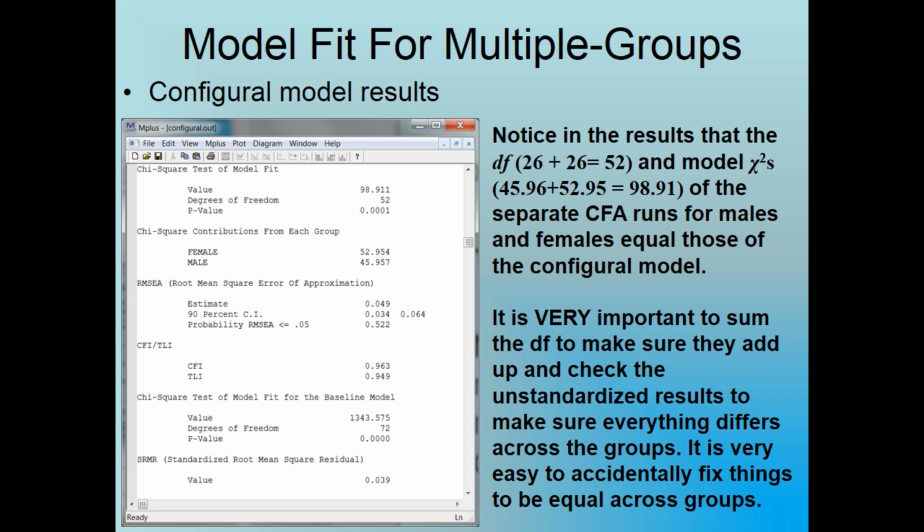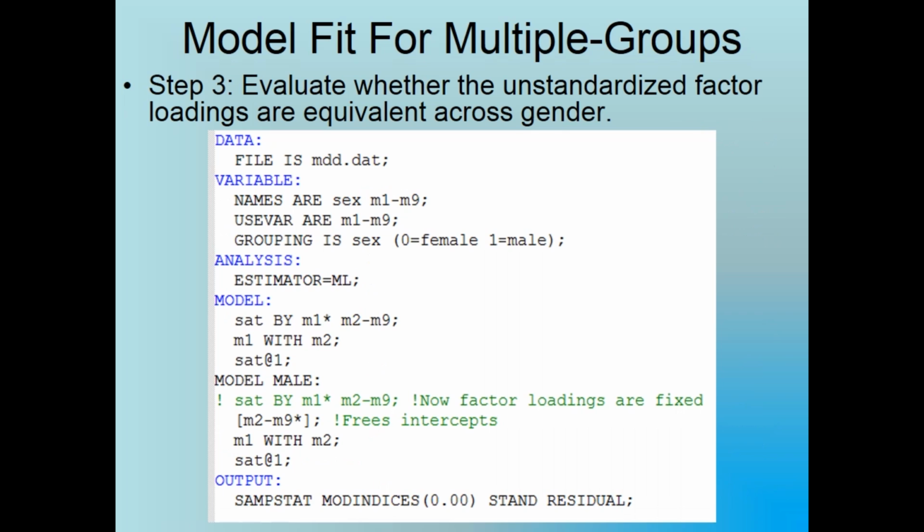In this case, we're going to start by testing whether our unstandardized factor loadings are equal across the groups. As I said before, by default, Mplus will fix the factor loadings and intercepts to be equal across the groups. As a result, as you can see under the male model, I commented out the line saying I want my factor loadings to be estimated.